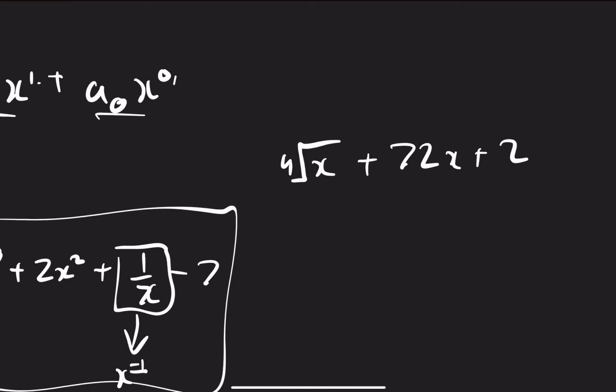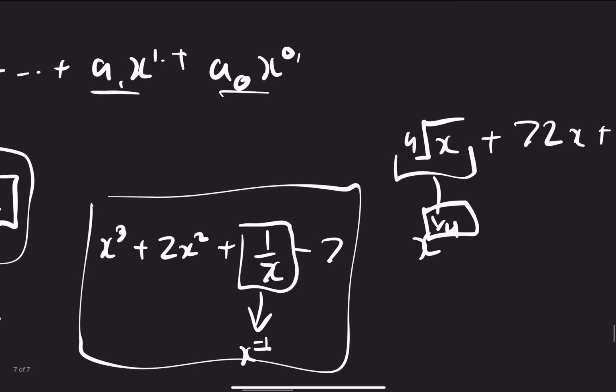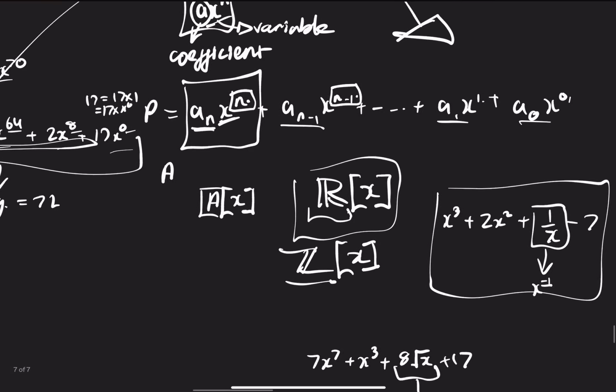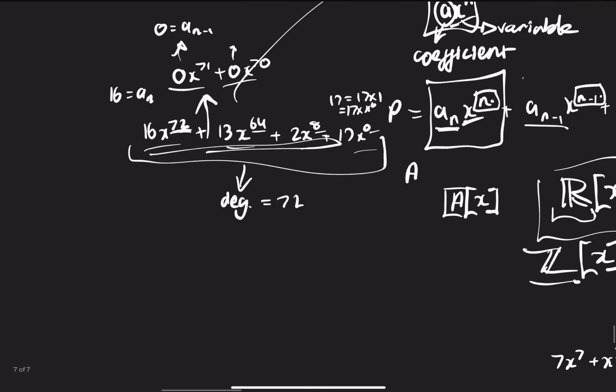That would not be a polynomial because the fourth root of x is the same as x to the power of a quarter, and a quarter is our exponent, which is not an integer because it's a fraction. So we've covered what's not a polynomial, some notation, the general formula, and the degree.